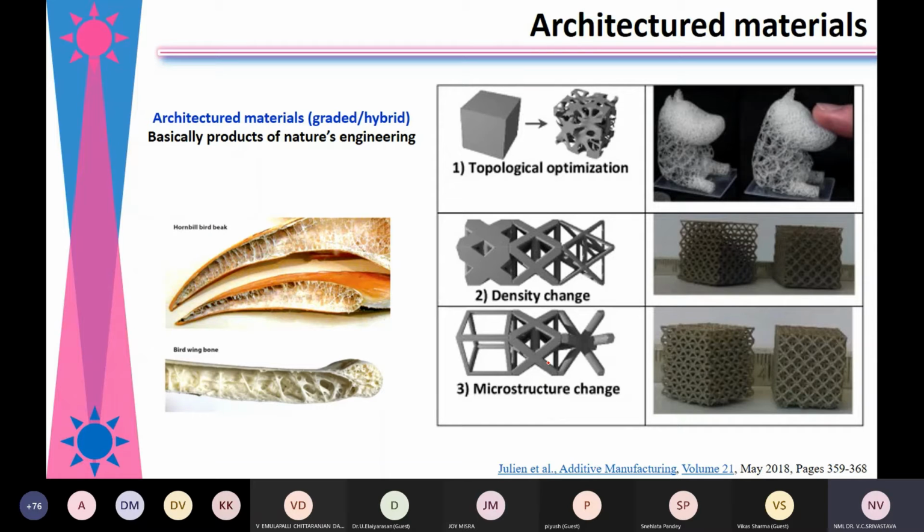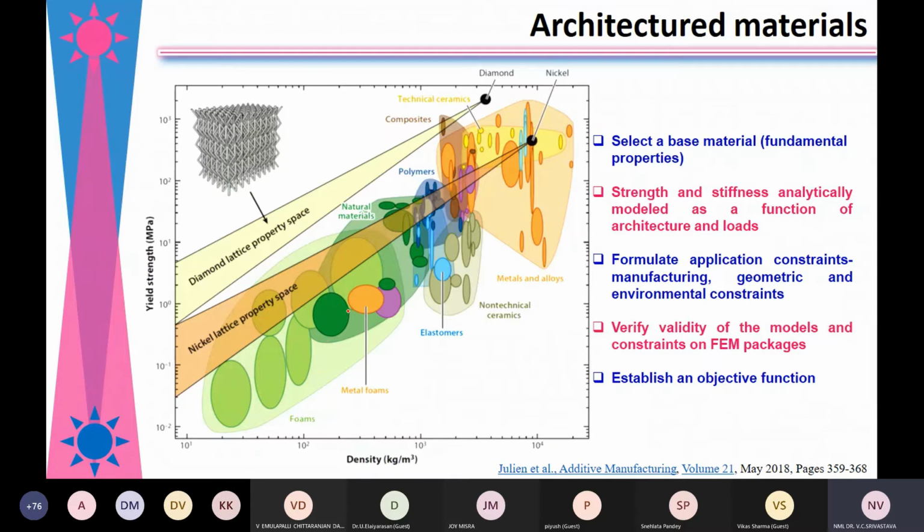And based on the new developments in additive manufacturing, such kinds of structures have become easier, and people can easily make these. This is why, with the advent of additive manufacturing, architecture materials have taken more importance these days to make light materials. Here you can see these are the light materials. For example, if you have pure nickel here, the density is very high.